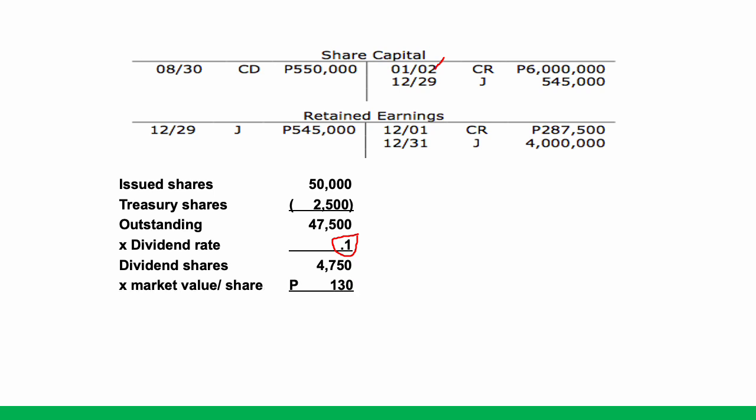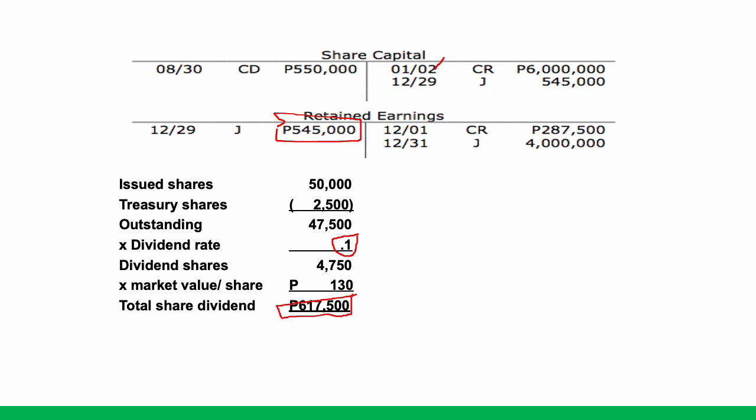The market value is 130 pesos per share, given in the transactions earlier. So, 4,750 times 130, we get 617,500. So, the client correctly debited the RE, but the amount is insufficient, because the client debited how much? 545,000. When the amount that should have been debited is how much?